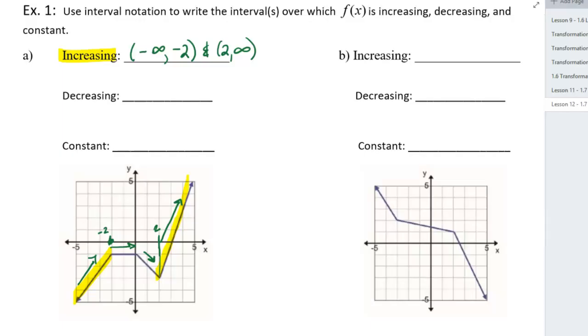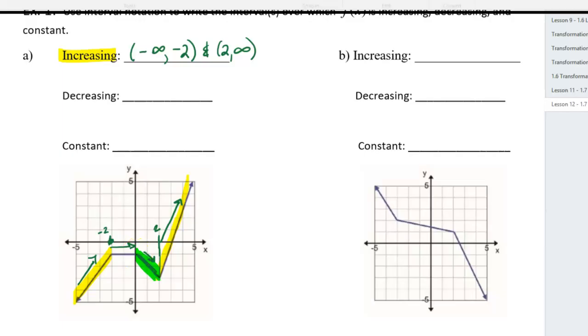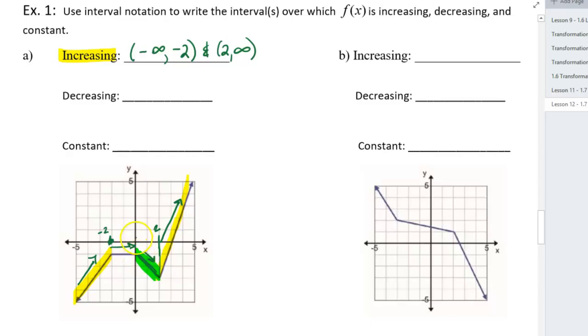Decreasing would be this section of the graph here. And so the value of x here would be 0, and the value of x there is 2. So it's decreasing from 0 to 2.